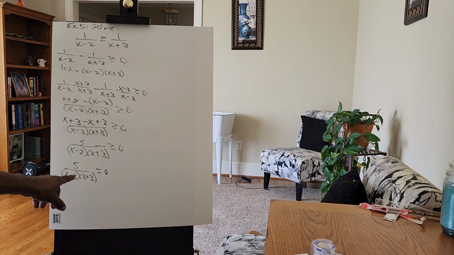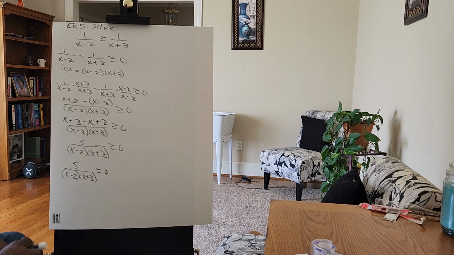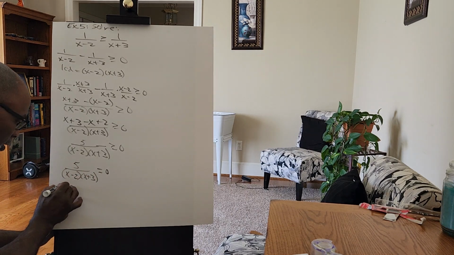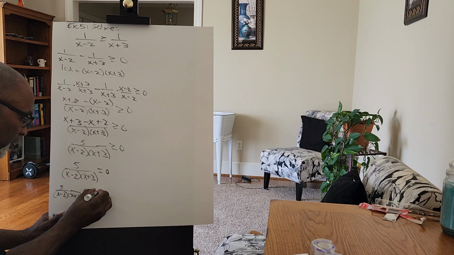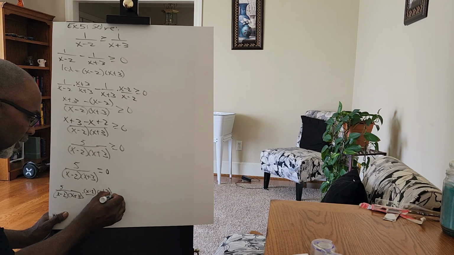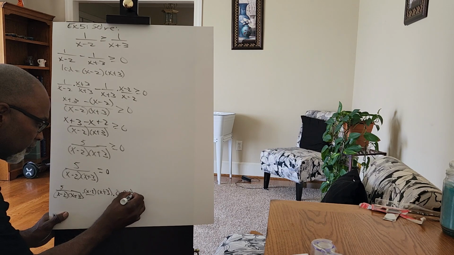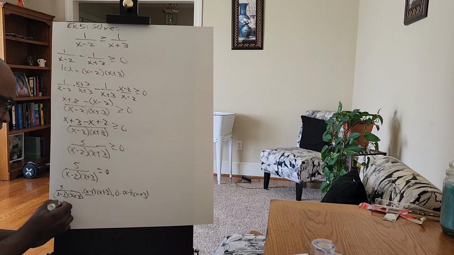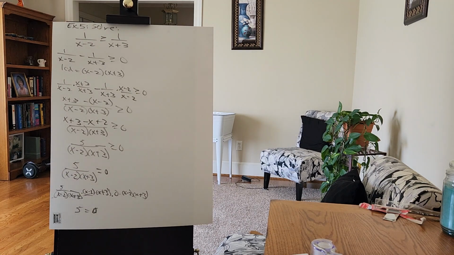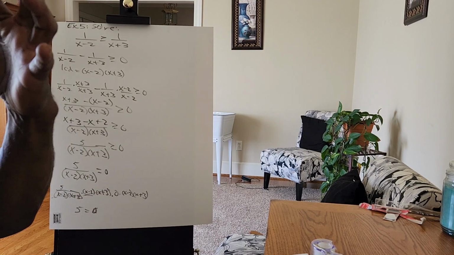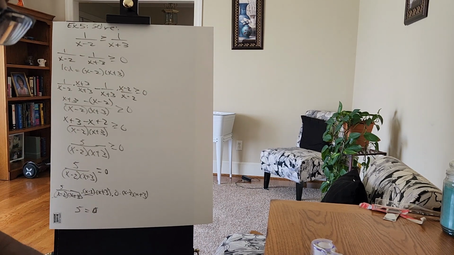To find where this thing is equal to 0, I need to get rid of the fraction, so I'm going to multiply this side by x minus 2, x plus 3. And on the other side, I'm going to multiply by x minus 2, x plus 3. These cancel, I get 5. And on this side, 0 times that stuff is 0. So I get 5 equals 0. 5 equals 0 is a contradiction. Okay, so that means that there are no solutions to that equation.